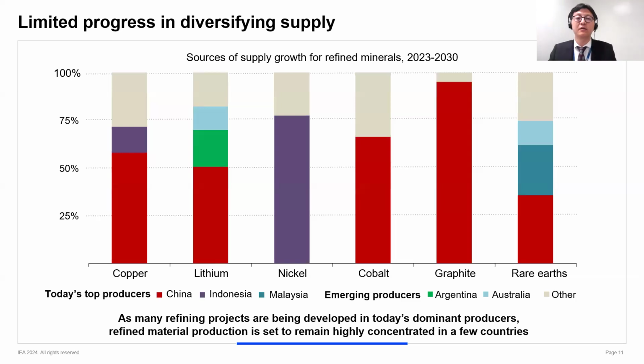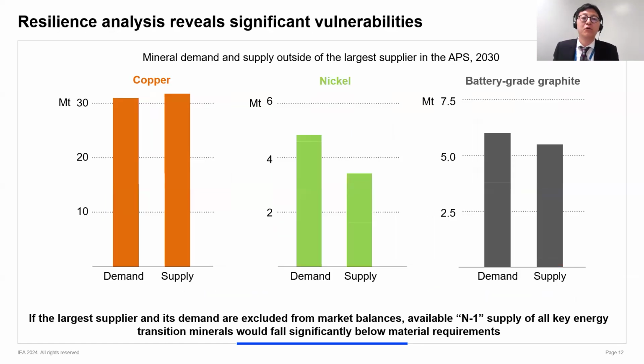So diversification remains one of the important agendas for policymakers and industry to ensure more secure and resilient supplies. One interesting way to look at this diversification is through the N-1 resilience analysis.